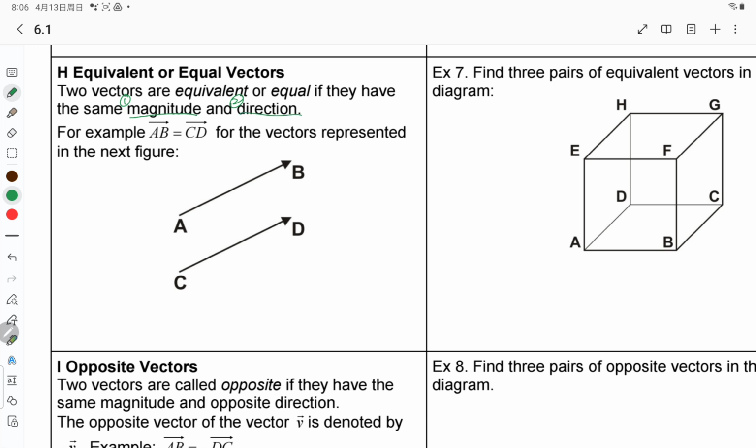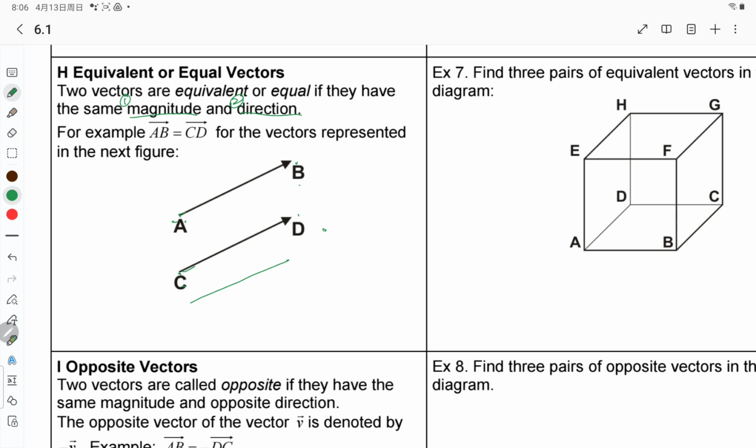Even if A, B, C, D are positioned at different points, as long as the magnitude, which means the length, and the direction are the same, they're parallel and they're the same, right? Because we can move vectors around, since a vector is not restricted by a starting point.